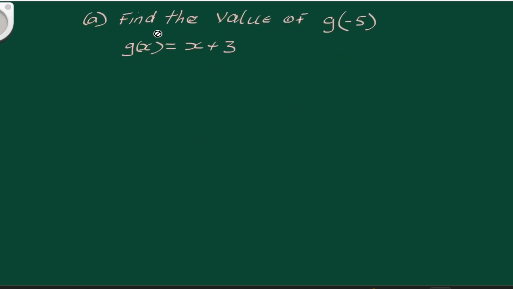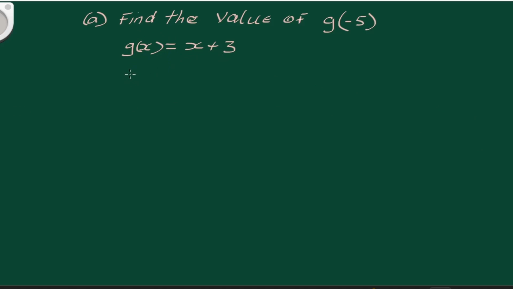All right, so part A, find the value of g of -5. So g of x equals x plus 3.